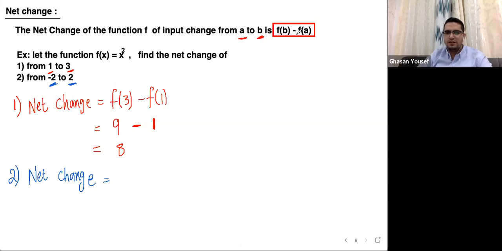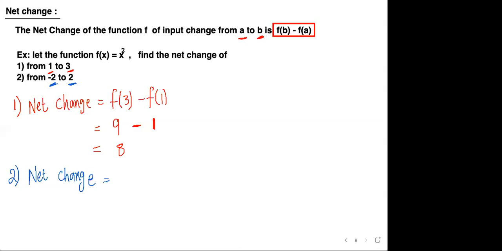Just plug inside the function here. Abu Bakr, would you like to do it? Okay, go ahead.